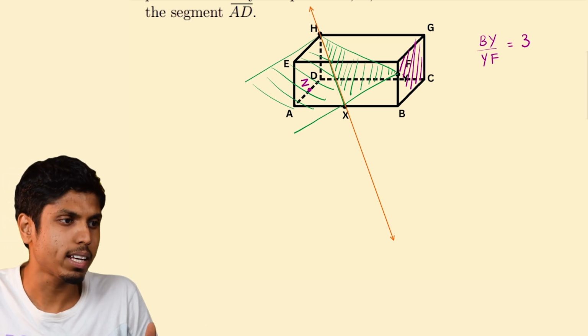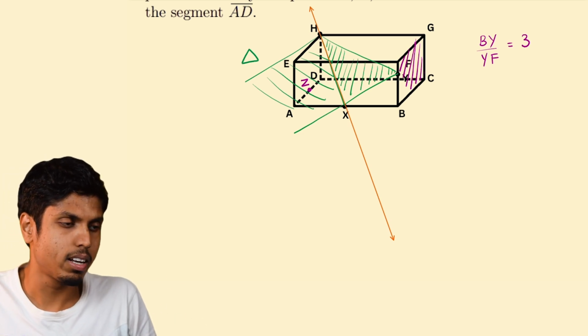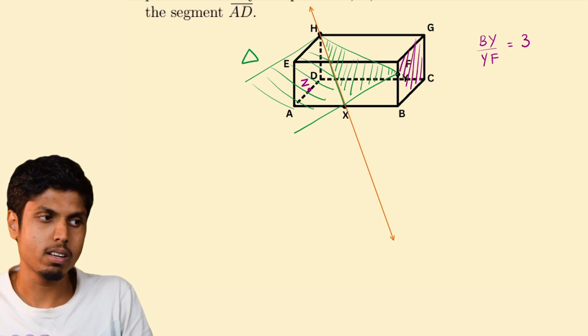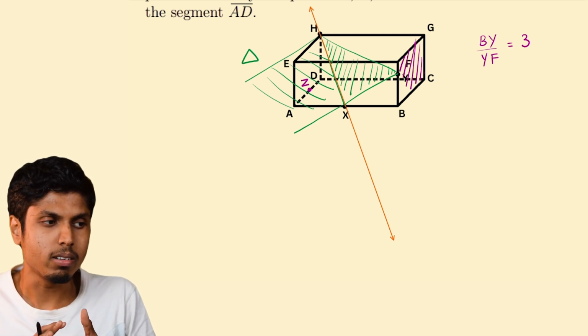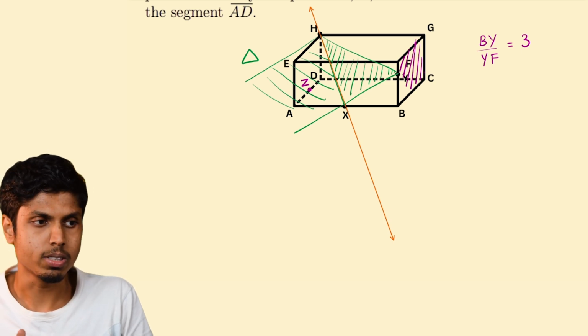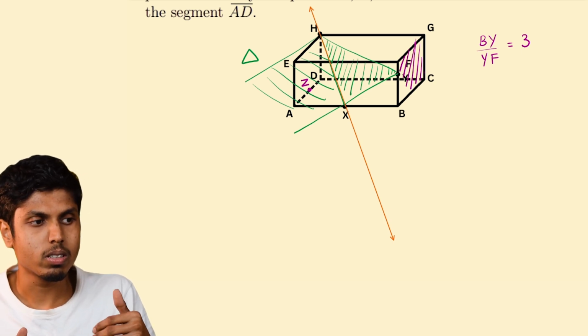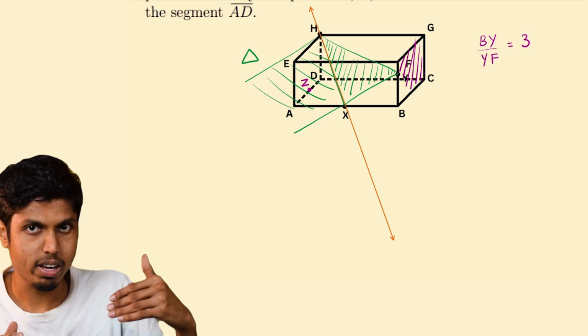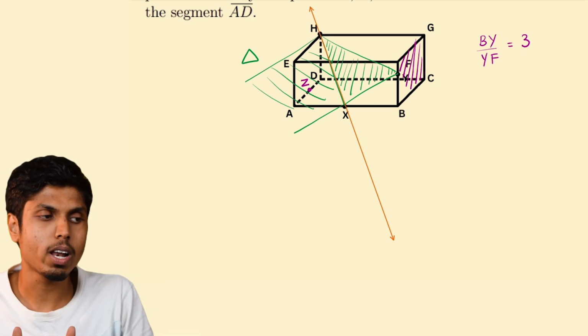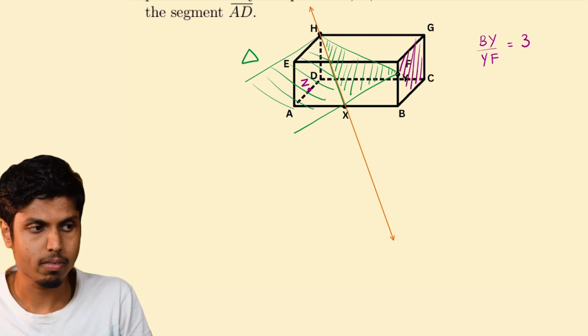Let's call the plane HXY as delta. This will be convenient for us to mention in the solution. So the point of intersection of HX with the plane BCGF shall also lie on the plane delta.